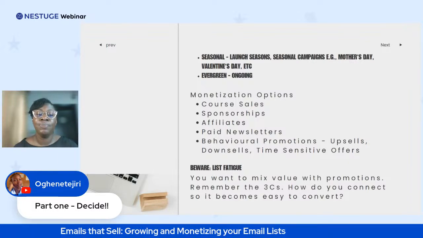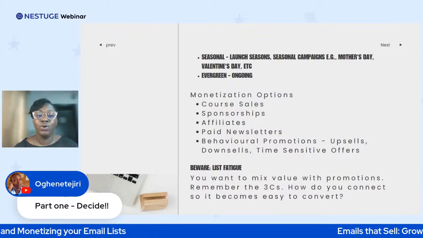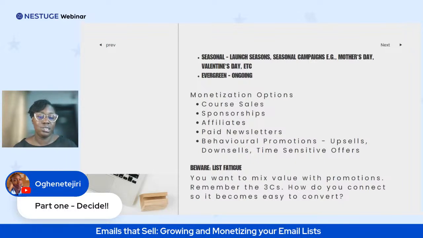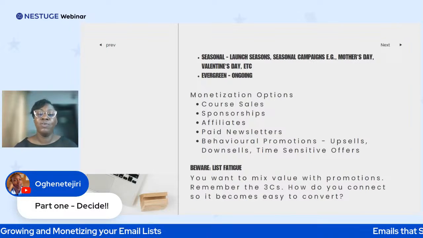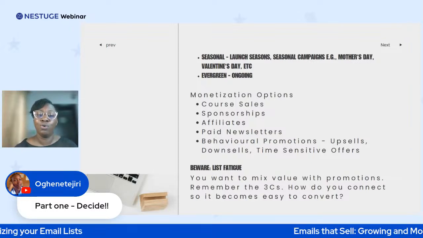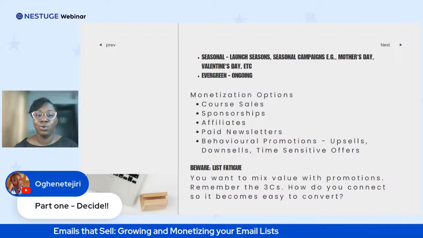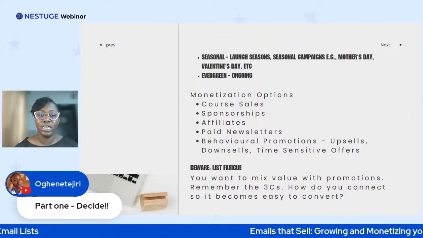However, some people will buy immediately they sign up, and other people will take a month, 60 days, 90 days, even 1 year, just observing you carefully before they decide to jump on maybe one of your high ticket offers. These people are slower buyers than the others. So you need to consider all of this, which is why I tell people that email marketing is a long-term game.